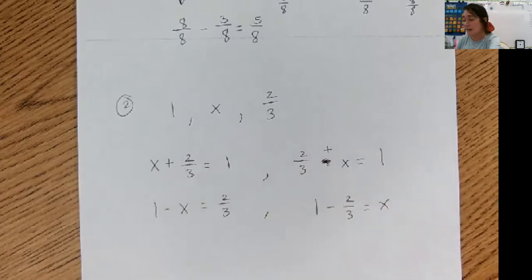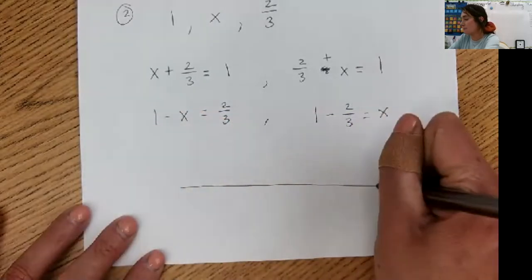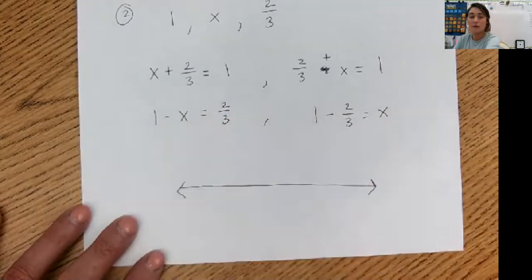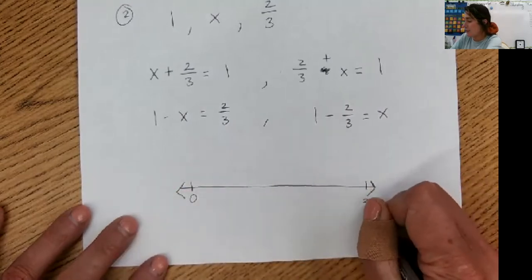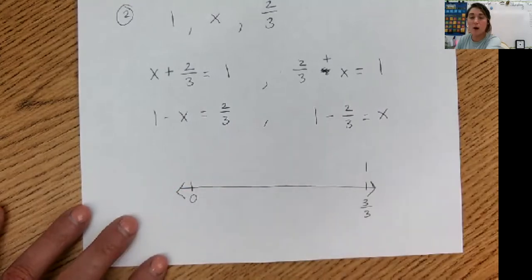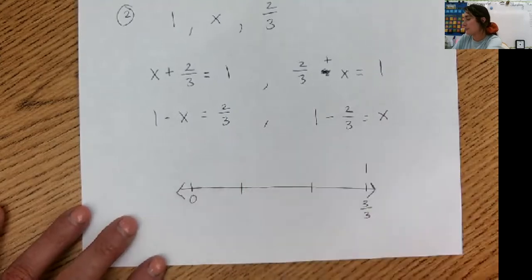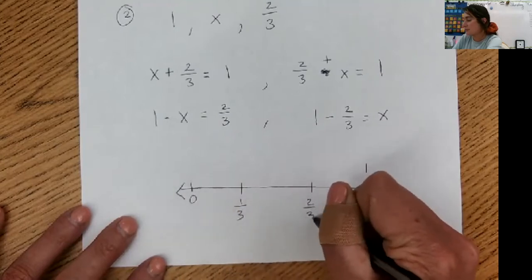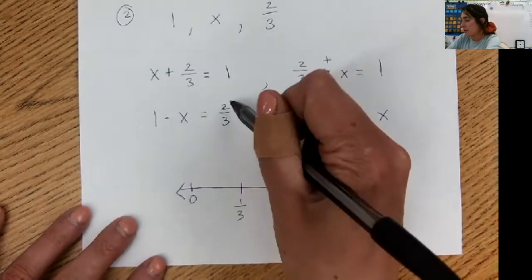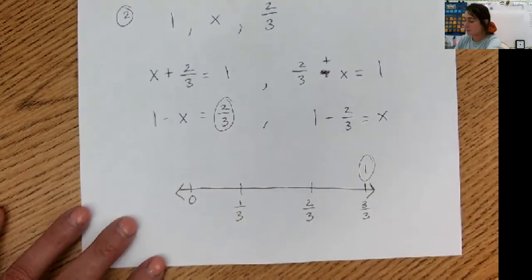Knowing that information, I am going to do a number line. On one side, I have 0. On the other, I have 3/3 because that's the same as 1. I'm going to split it into thirds. If I have 1/3 and 2/3, and I know 2/3 is what we're using here, 1 is also what we're using.